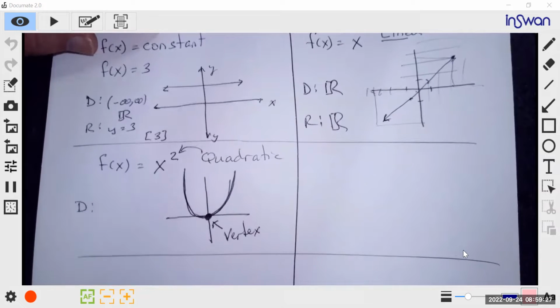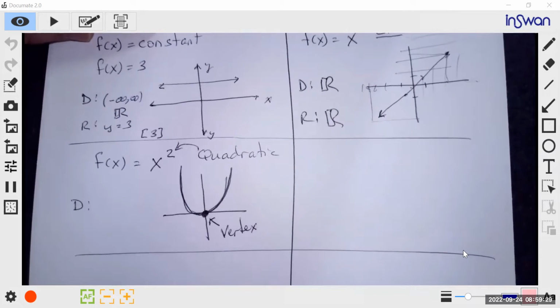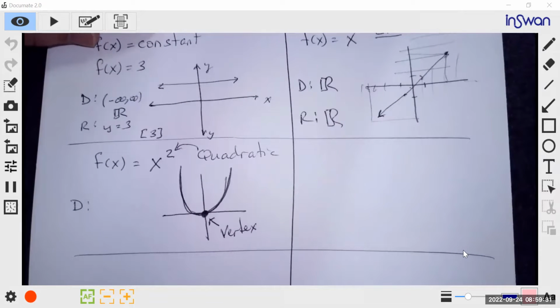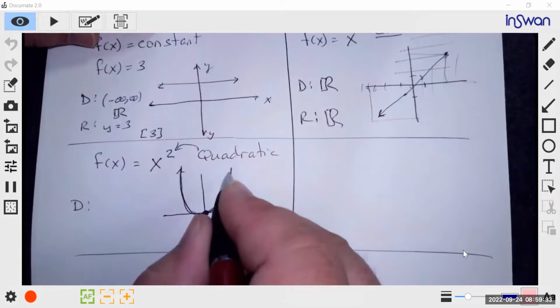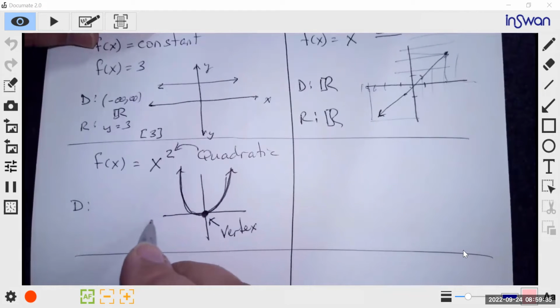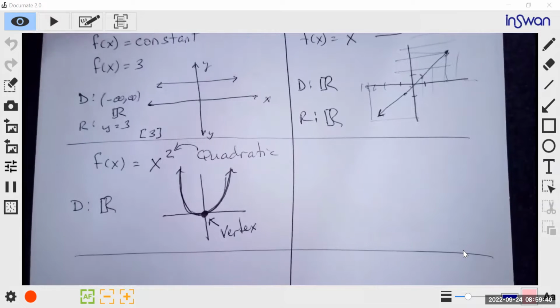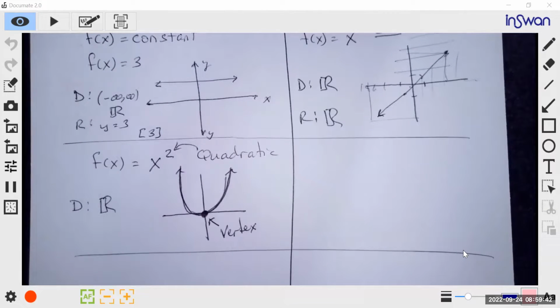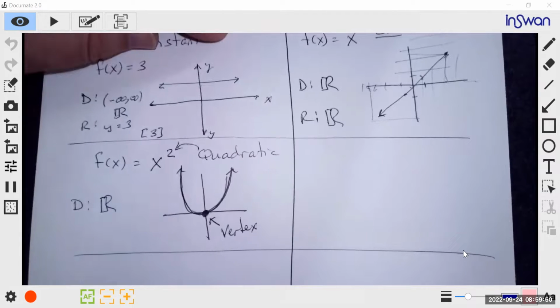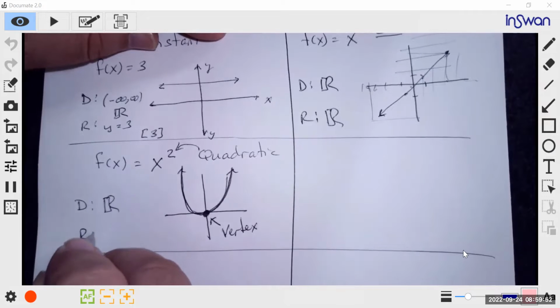The domain of this function is all real numbers. Basically, are there any restrictions that I could put in there? Can x be negative? Can x be positive? Can x be 0? If you could put anything in there, it's all real numbers. How about the range?